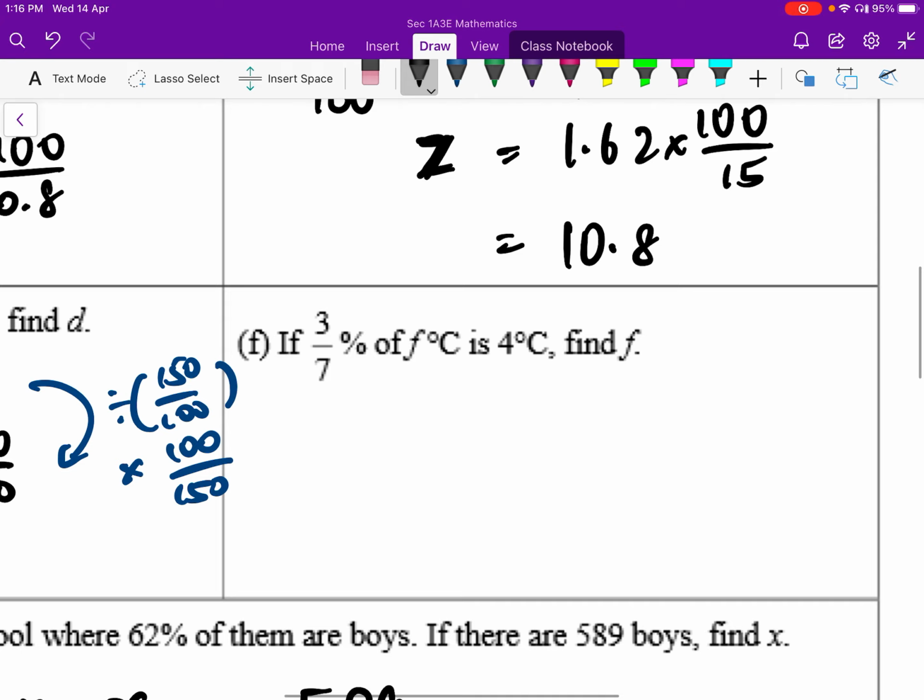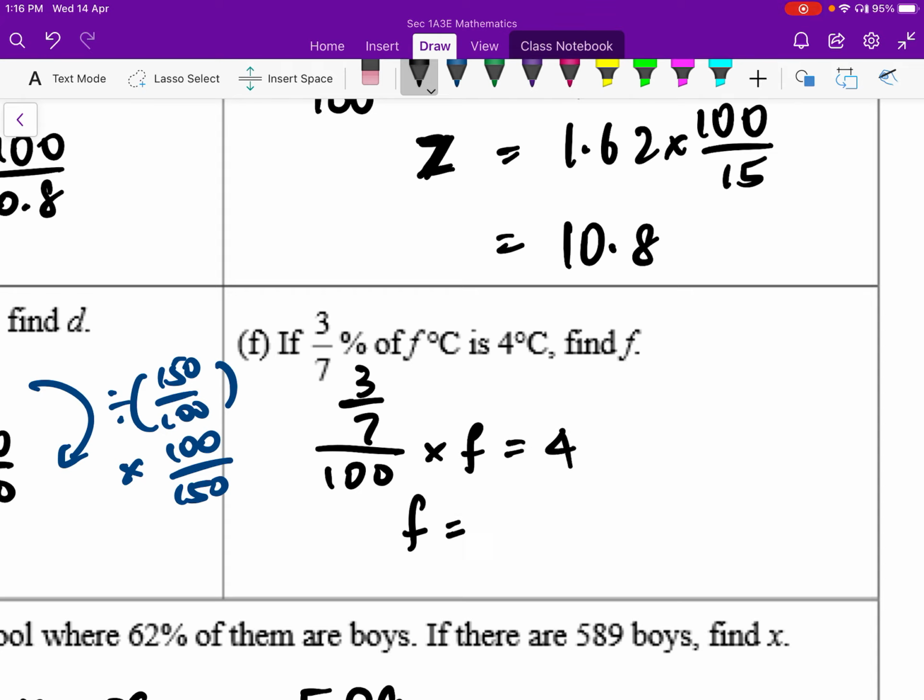Next, 3 over 7%. I don't want to write it as percent. I'm going to change it to over 100. So 3 over 7 out of 100 times F equals 4. So F will be now 4 times 100 divided by 3 over 7.